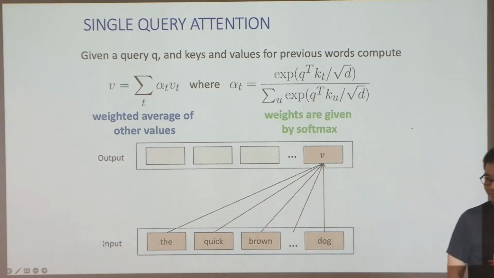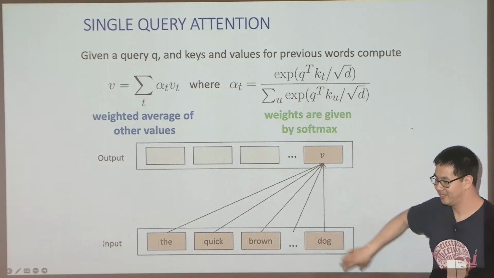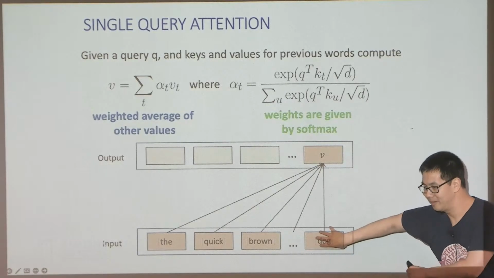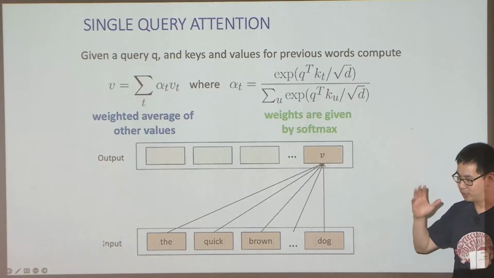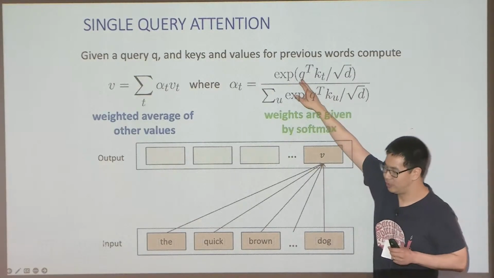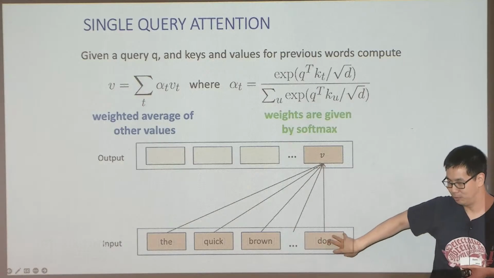Yes, Q sub dog: the vector you got from the word embedding, maybe plus this position information, got multiplied by this query matrix, and that gave you this Q vector. It has position information and also some semantics about the word dog.